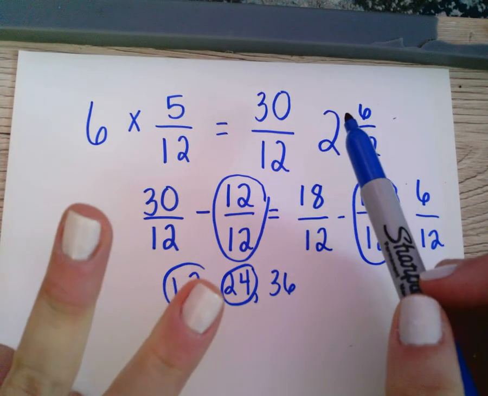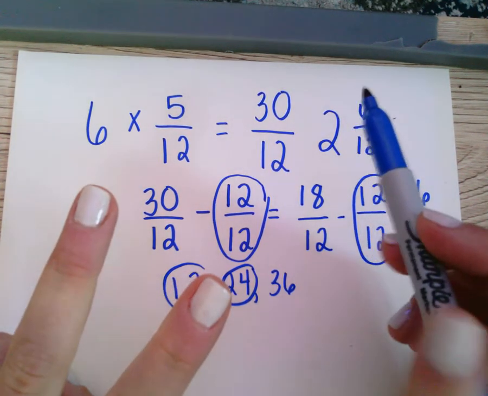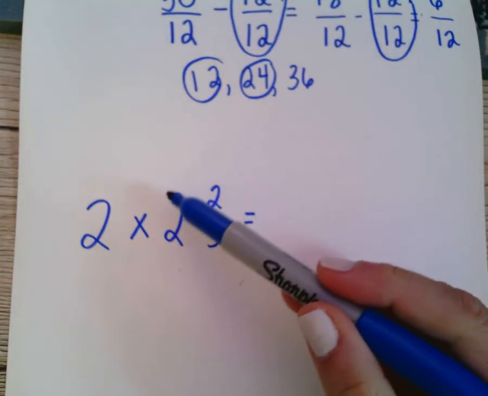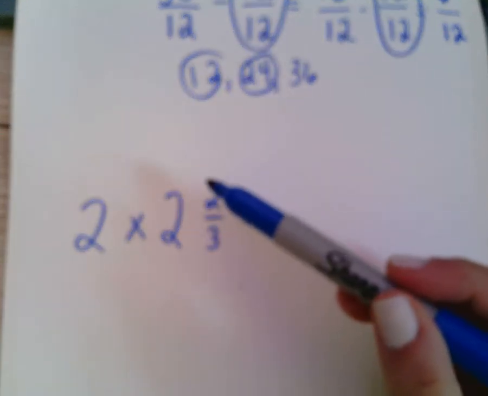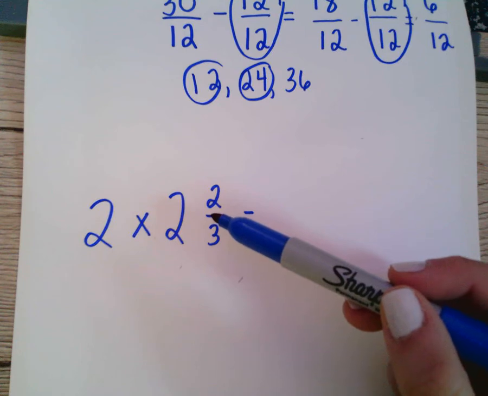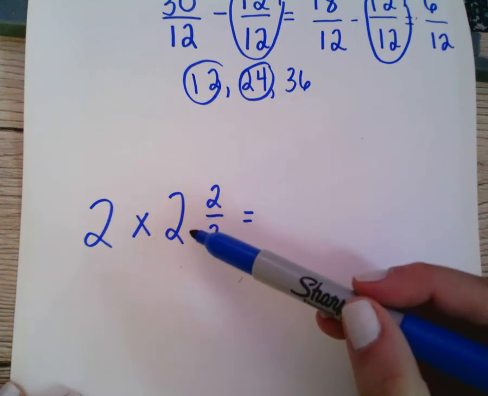The second way, pause the video to get ready to write down the problem. We have 2 times 2 2/3. The first thing you're going to have to do is rename this mixed number so that it looks like a fraction. So first thing I'm going to do is switch it up.